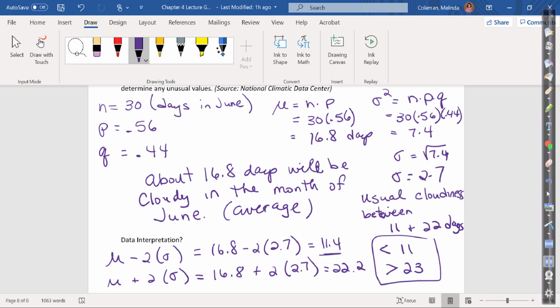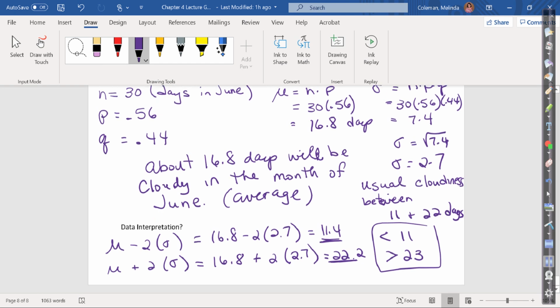So less than 11.4, which would be 11 days, because remember we're rounding this to days, or greater than 22.2, so you have to round that one up. So if it had less than 11 cloudy days or greater than 23 cloudy days, then those would be unusual. Average is 17. Unusual would be less than 11, greater than 23. All right, and that wraps up this last section and also everything we're going to do in Chapter 4.